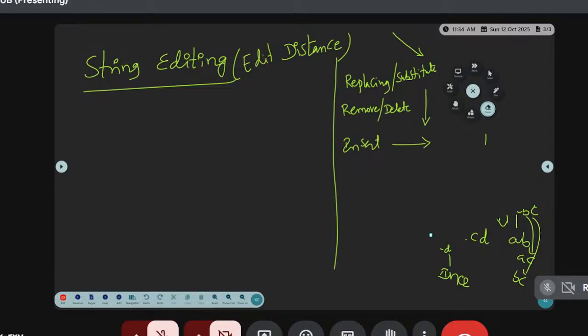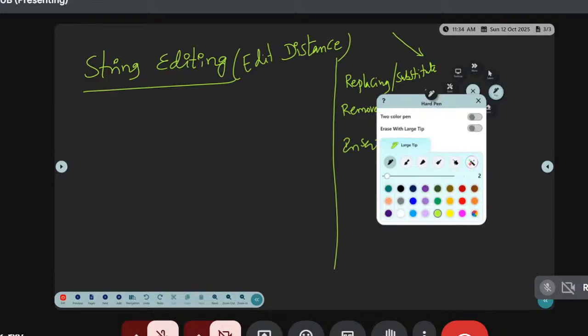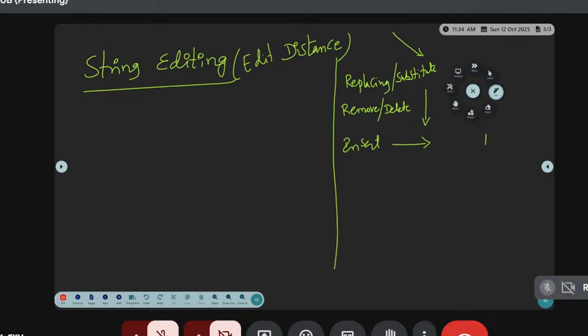So note down these symbolic representations. Replacing and substitution, this symbol. Write it next to it. Delete this representation.